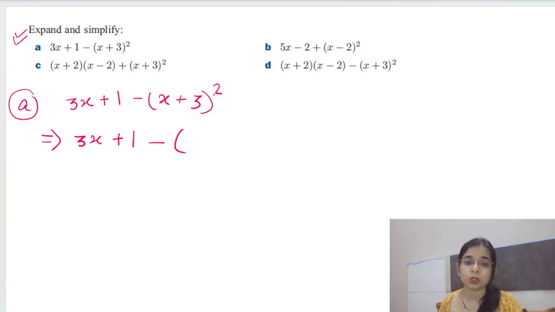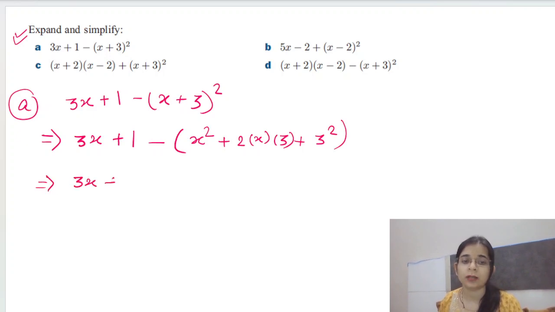First of all, we are going to do the square of the expression inside the bracket. Square of the first term, 2 times first term and second term, and square of the second term. In the second line also we are not going to open the bracket, because first we will solve it properly.